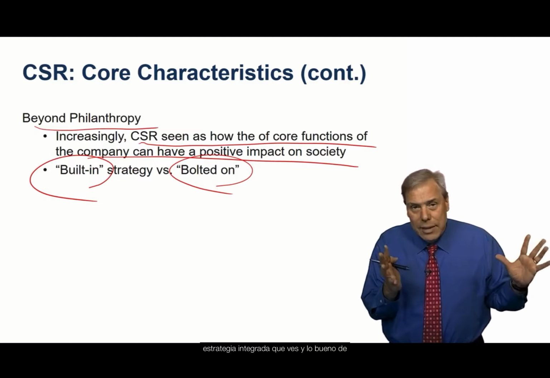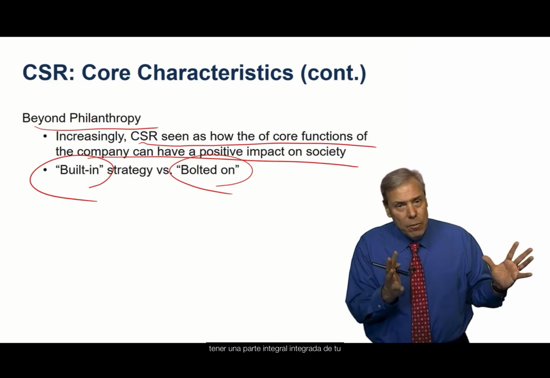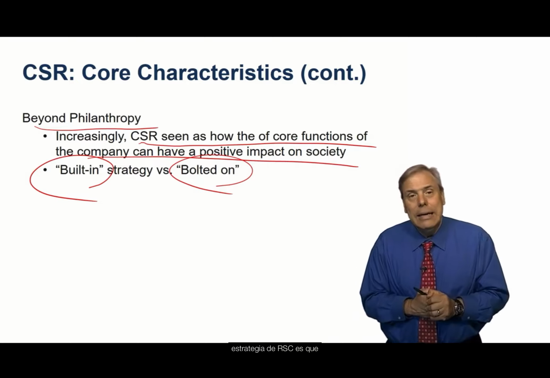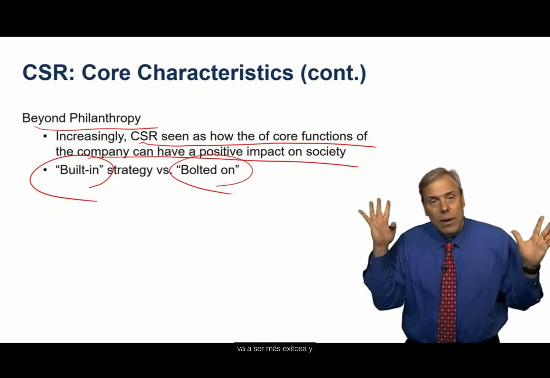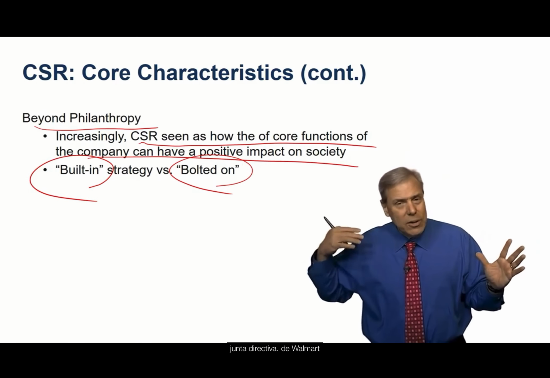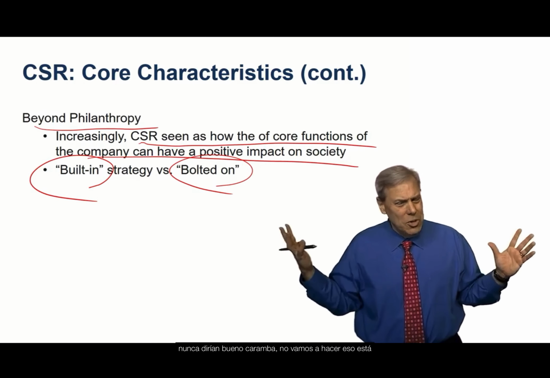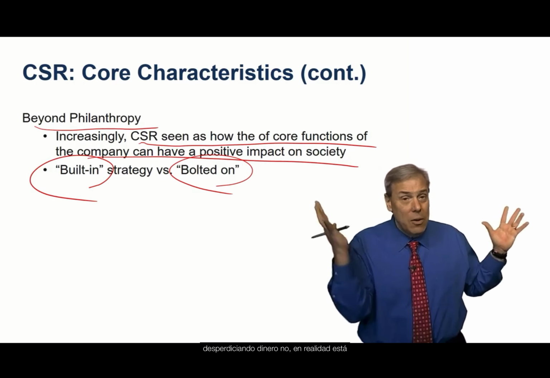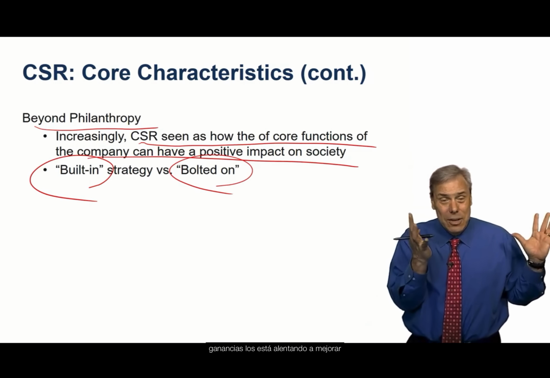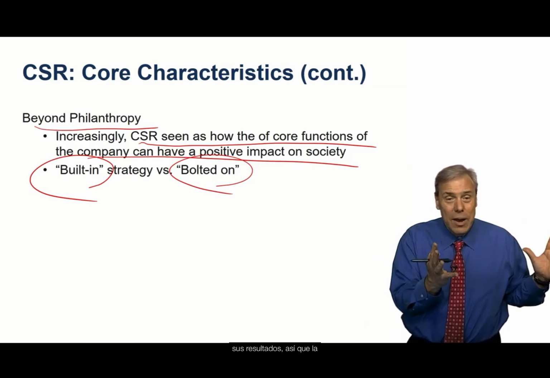And what is nice about having a built-in, integral CSR strategy is that it's going to be more successful and viable in the long term. The board of directors of Walmart would never say, well, we're not going to do that, it's wasting money. No, it's actually saving Walmart money. It's helping their profits. It's encouraging them to improve their bottom line, right?